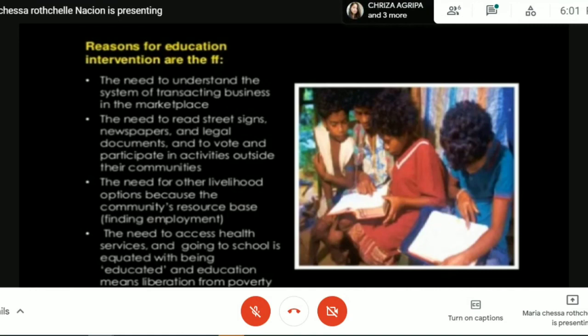Second, the need to read street signs, newspapers, and legal documents, and to vote and participate in activities outside their communities. Third, the need for other livelihood options because the community's resource base is limited, or for finding employment. Fourth, the need to access health services, and going to school is equated with being educated, and education means liberation from poverty.